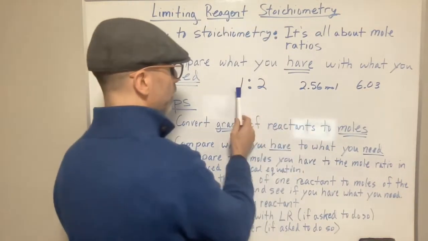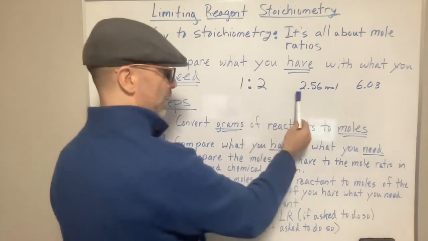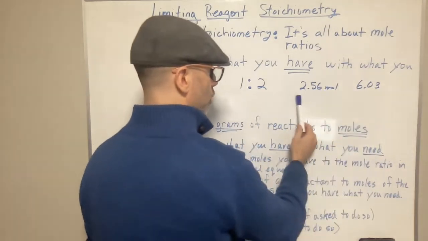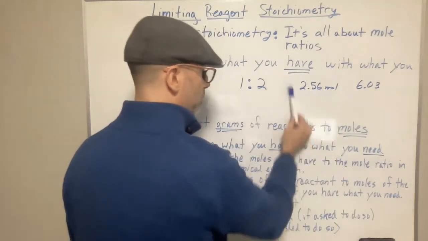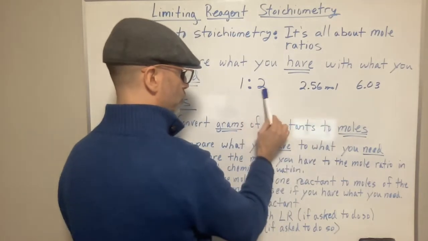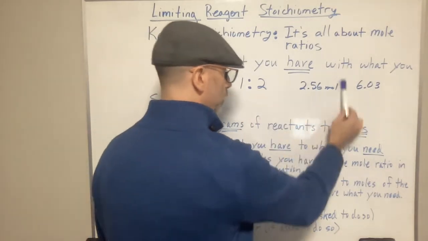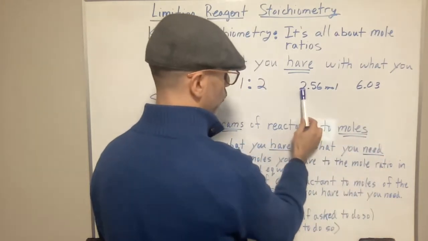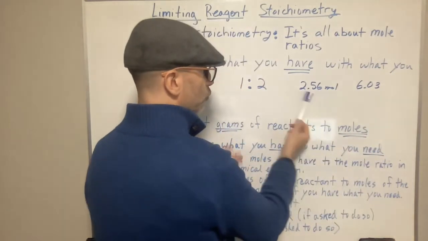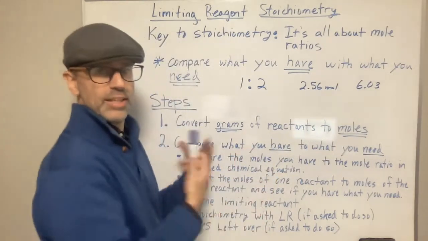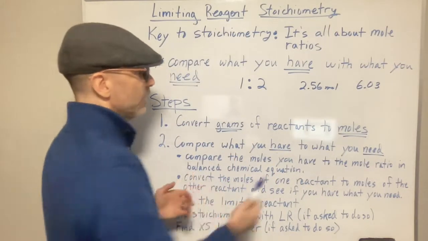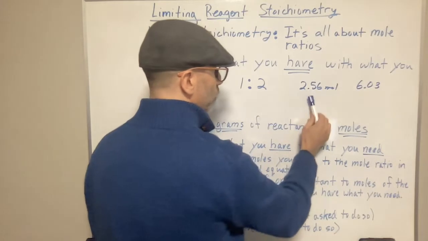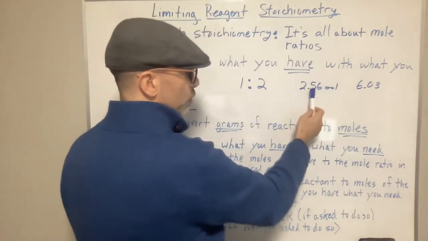So if I know the ratio is going to be 1 to 2, I can look at this and say, okay, will doubling this amount give me this? If I double 2.56, about 2.6, then doubling that will give me about 5.2.